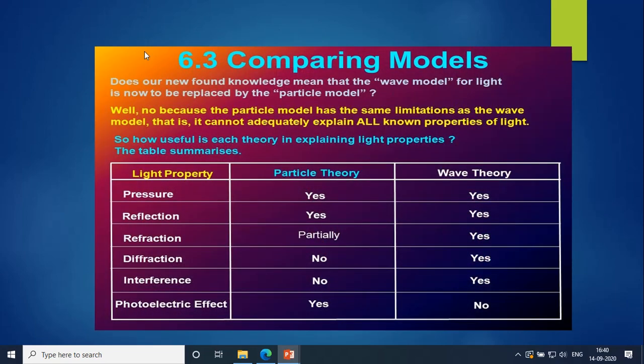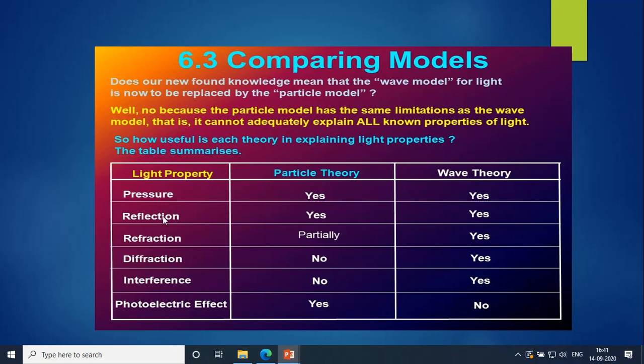Now coming to this important chart, because I'm taking some examples here. I'm taking light properties, and leaving aside the first property, pressure, which is not required for the present discussion, take the remaining properties: reflection, refraction, diffraction, interference, and photoelectric effect. How can these properties be explained using particle theory and wave theory? This is a very interesting part.